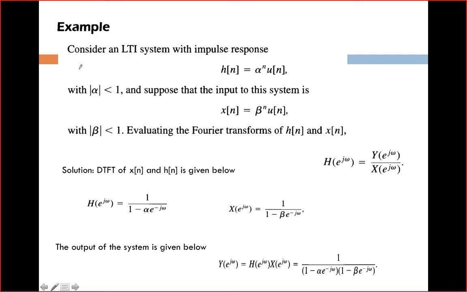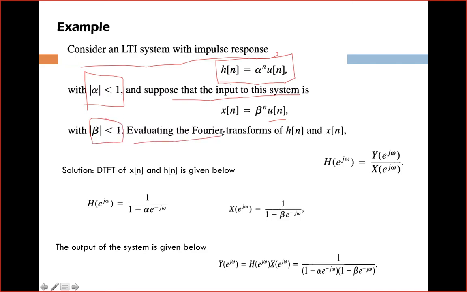So the problem says, consider a linear time invariant system with impulse response h of n is equal to alpha power n into u of n, where magnitude of alpha is less than 1, and suppose that the input to this system is x of n is equal to beta power n u of n, where magnitude of beta is less than 1. We need to evaluate the Fourier transform of h of n and x of n.